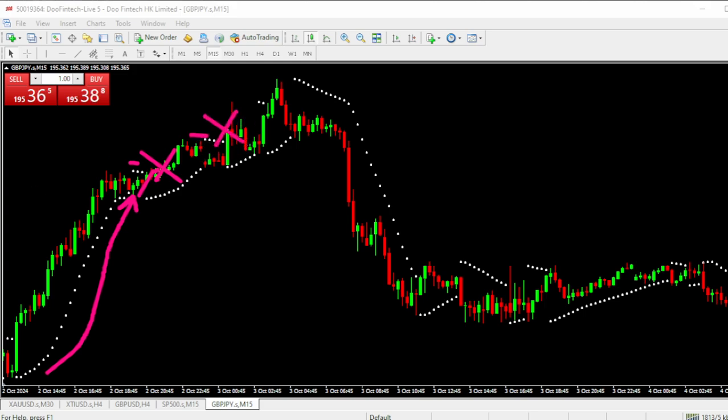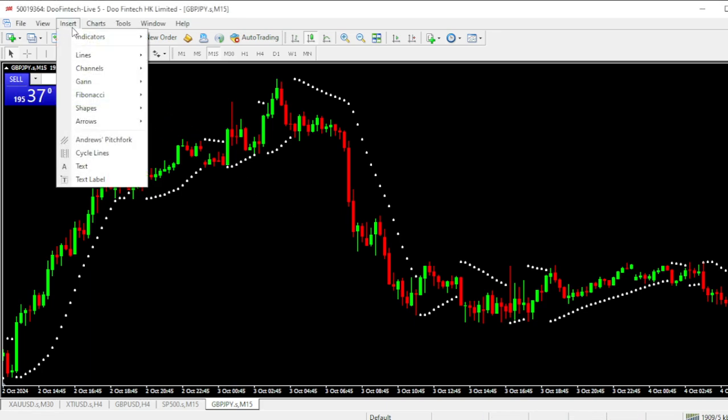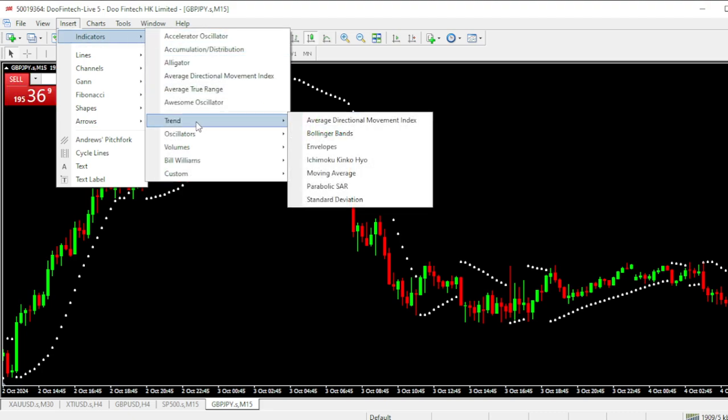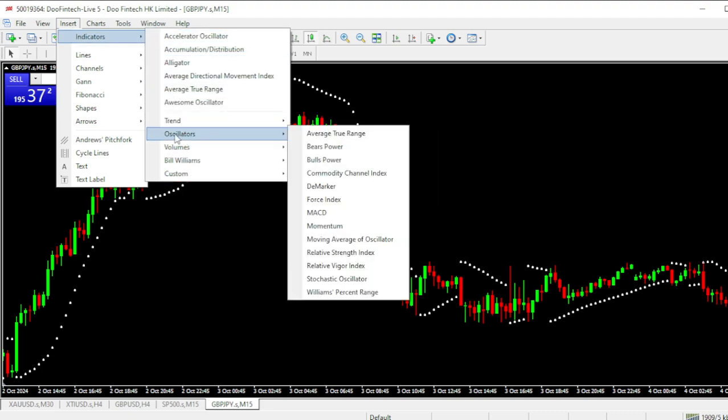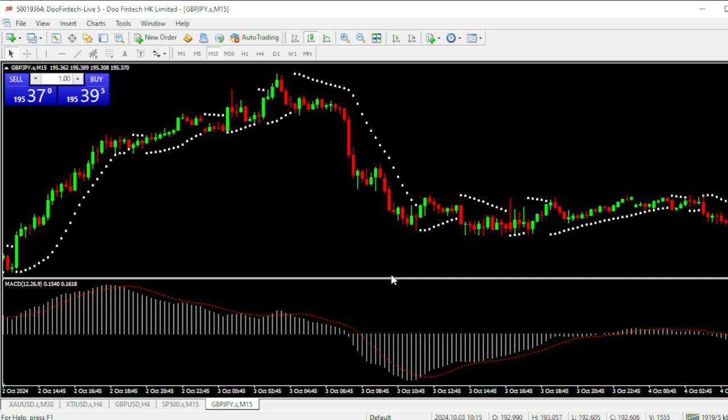So we are going to filter this kind of false signal, in order to get more effective operations. We are going to insert another indicator that is not a trend indicator but an oscillator. This oscillator is the MACD. So you are going to see this box, and you just click accept.